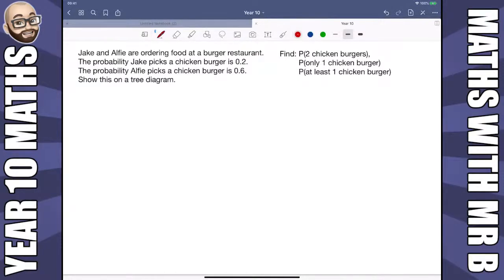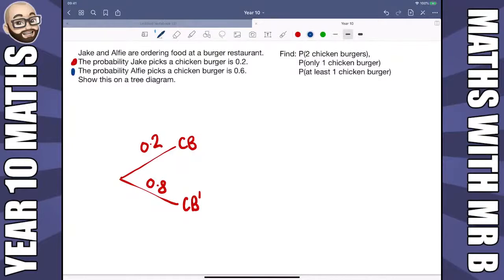So I'm going to do it in the order of the question. So I will start off with Jake. I'll make it a little red dot there. So Jake is either going to buy a chicken burger or he's going to order something completely different. No chicken burger. The probability he gets the chicken burger is 0.2. So the probability he doesn't get the chicken burger is 0.8. Again, those probabilities have to add up to 1. Then we'll look at Alfie.